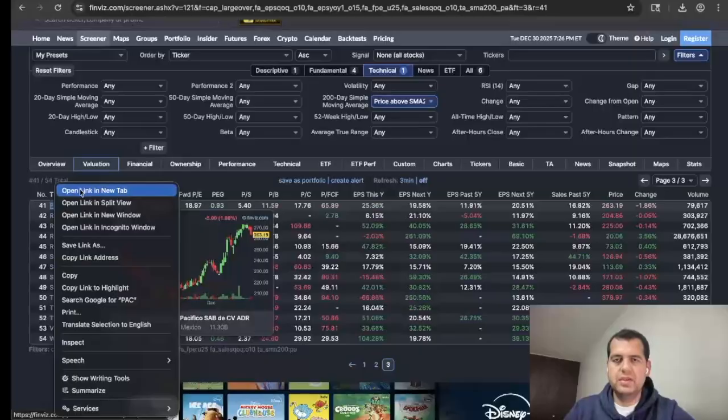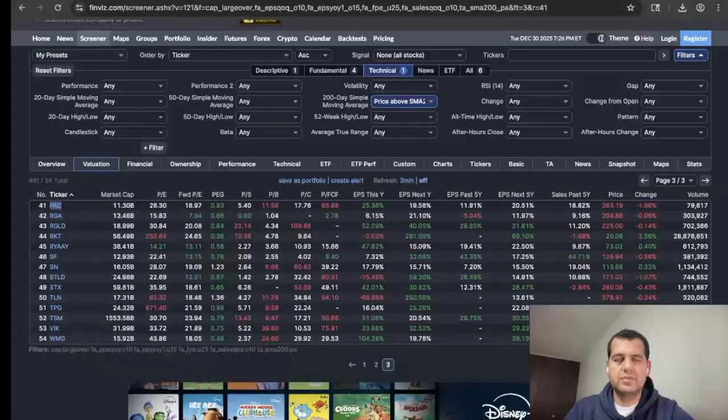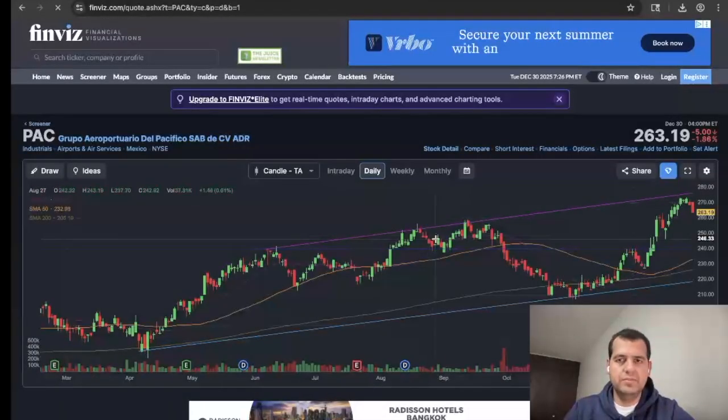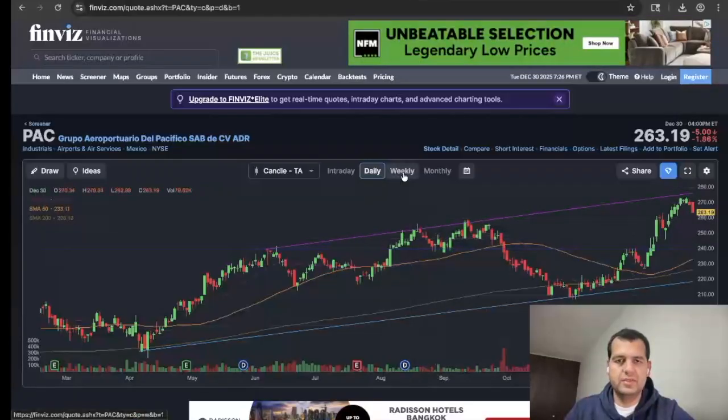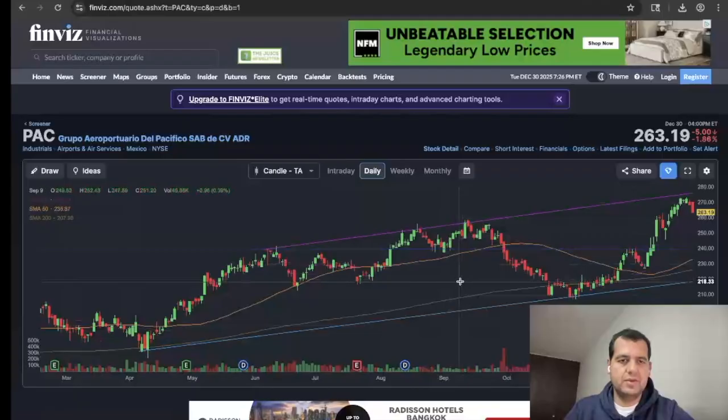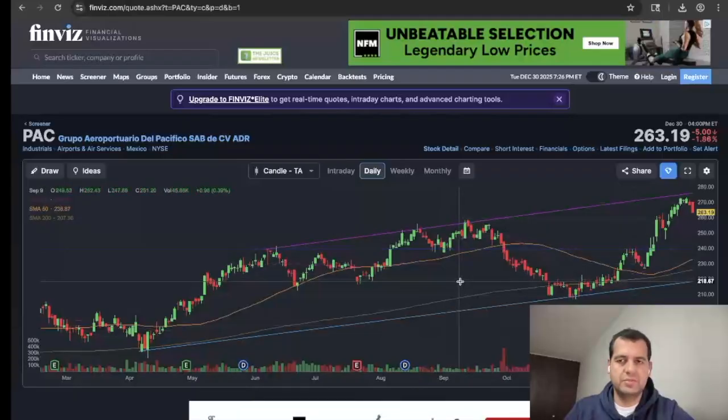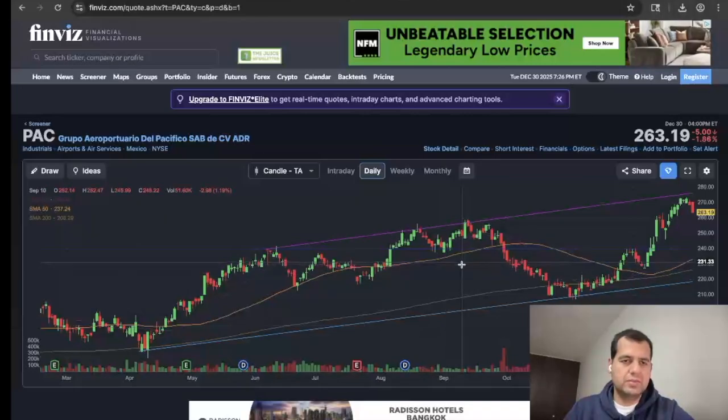So for example, you can see here the chart of Pacific group, that is the ticker symbol PAC. The chart looks quite interesting. It is bouncing from the 200 SMA, the 200-day moving average, and I would be very happy to take the position around $230 to $235 after the breakout.